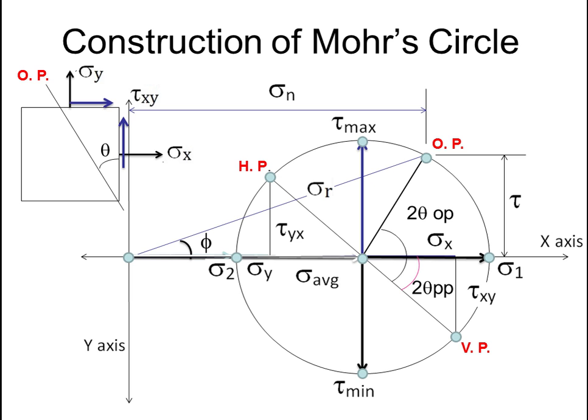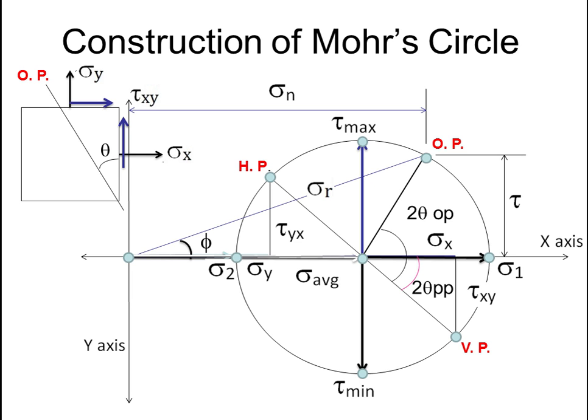Here we see the angle between the vertical plane and the major principal plane is measured as 2 theta pp. If you want to locate this plane in the question figure, from the vertical plane we take the value of theta pp, the angle from the vertical plane to the major principal plane.